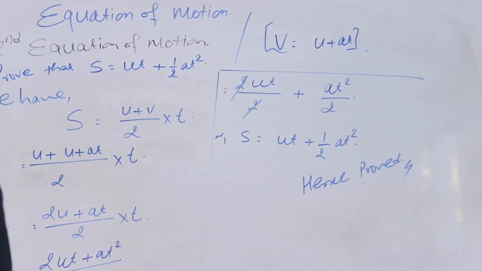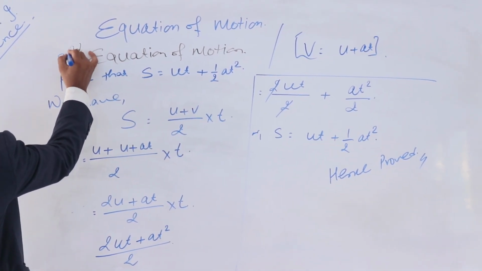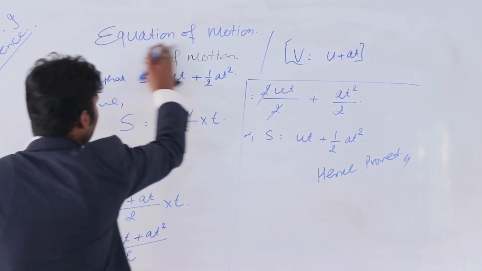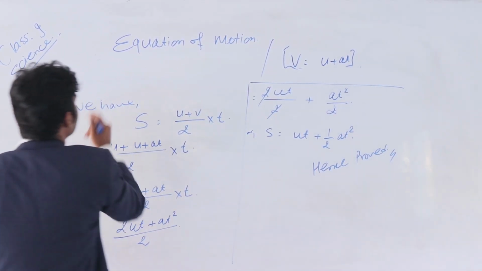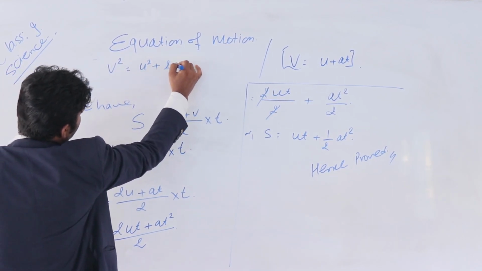Okay student, we don't want to delay, we turn to the third equation of motion, or prove that third equation of motion, or prove that v square is equal to u square plus 2as.